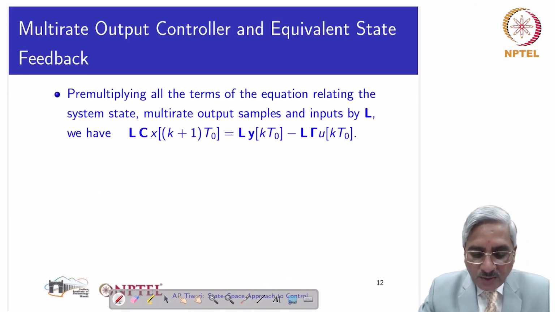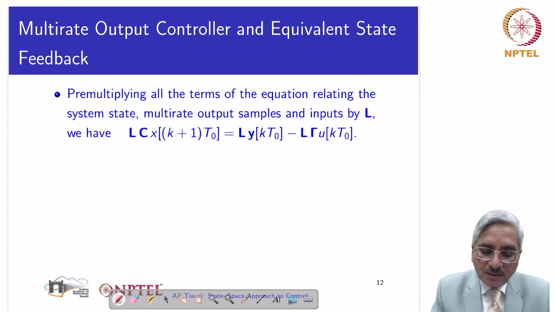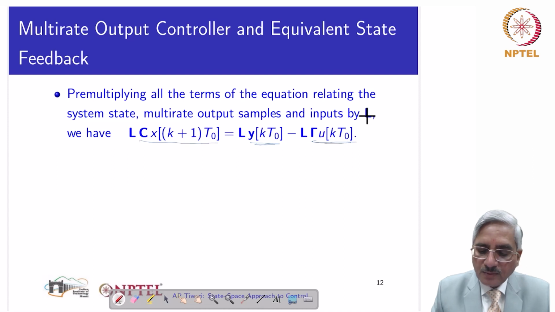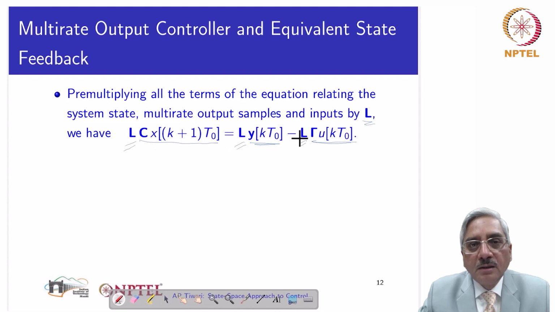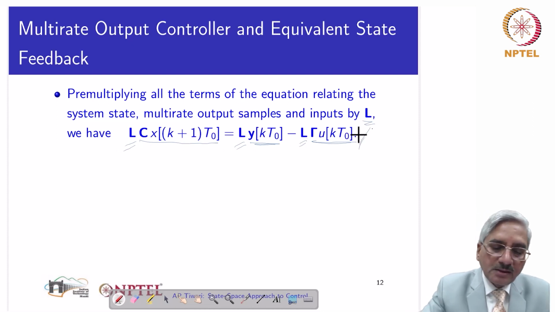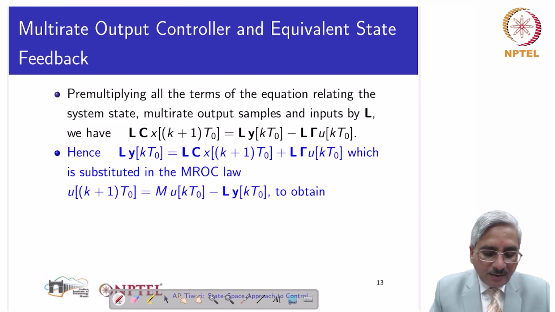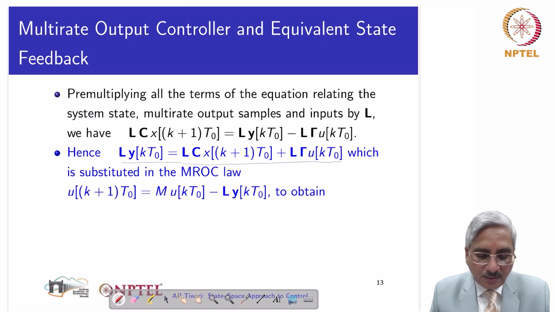So what we are going to do is, we had that Cx((k+1)T0) equal to y(kT0) minus Γu(kT0), and to that we are pre-multiplying all terms by L. So we have this relationship by that pre-multiplication by L, and this one we substitute in the multirate output control law.